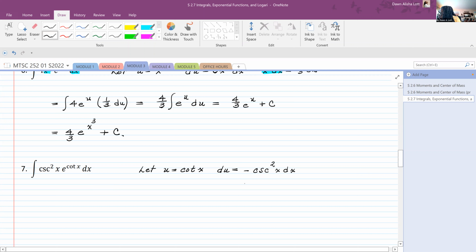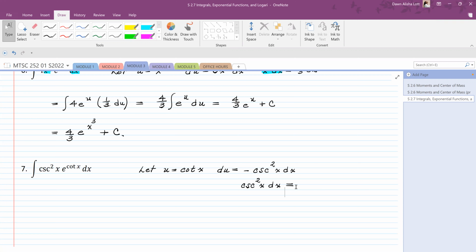So what is cosecant squared of x dx equal? What is cosecant squared of x equal? Is it 1 over cosecant x? Okay, I'm trying to figure out why you're going so deep and making it so hard.